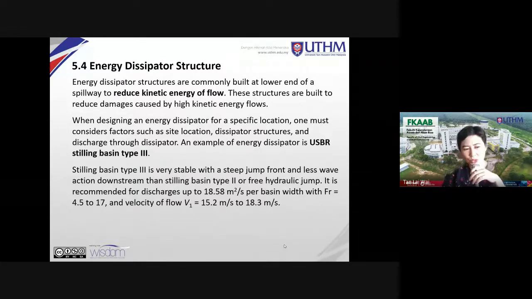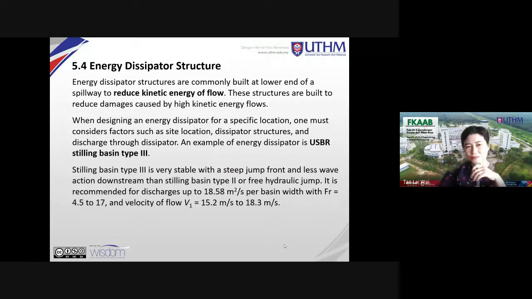Froude number between 4.5 to 17. Now, this Froude number is for the upstream flow coming from the spillway, which is the Y1. So it's a very high energy flow. Therefore, the Froude number is much more than one.